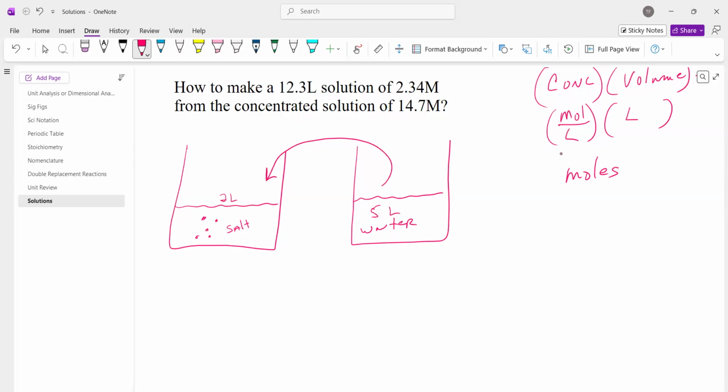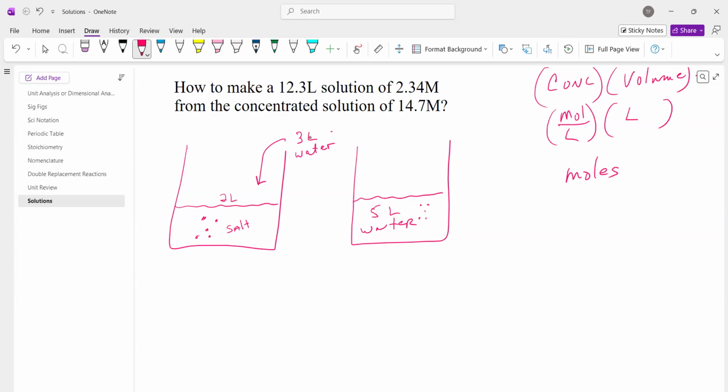So let's say, if we take the 2 liters of water with 5 molecules of salt, and then we add 3 liters of water, our total volume is now going to be 5 liters, but 5 molecules of salt.